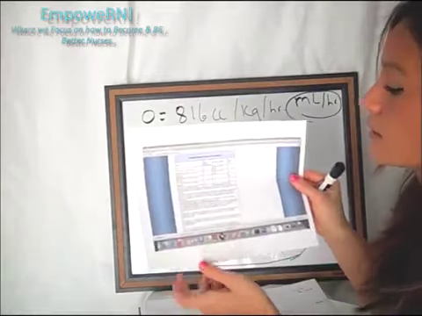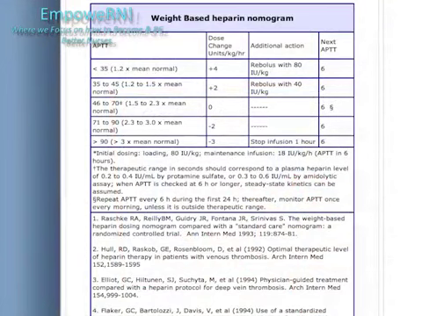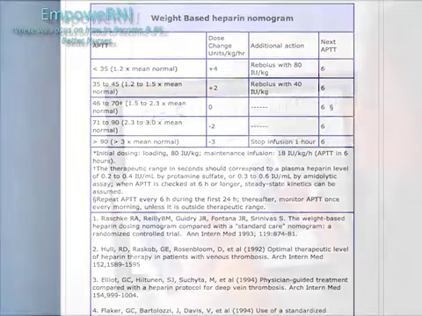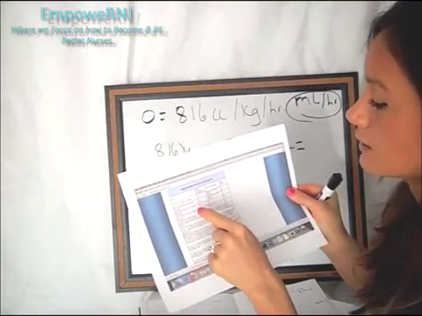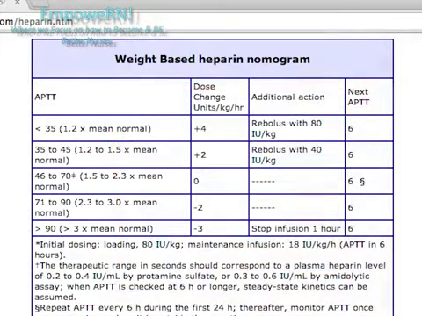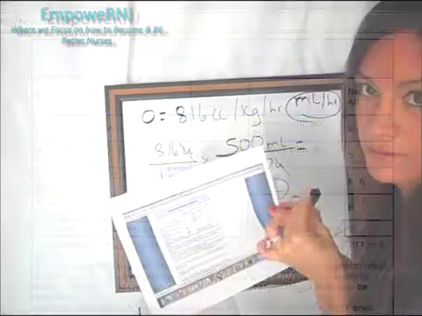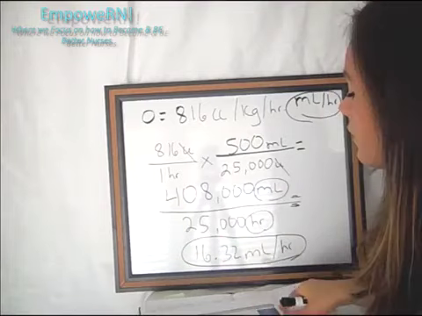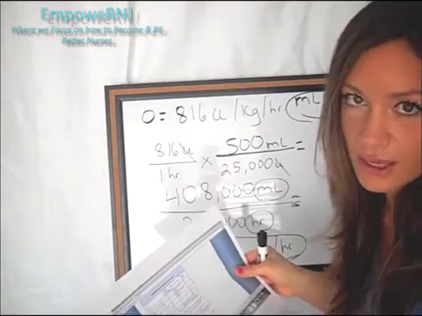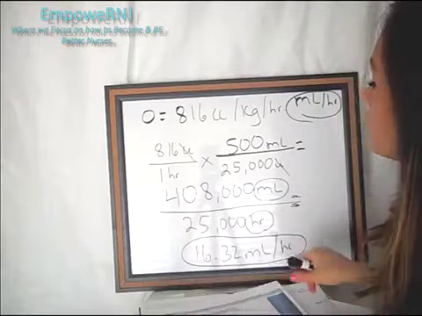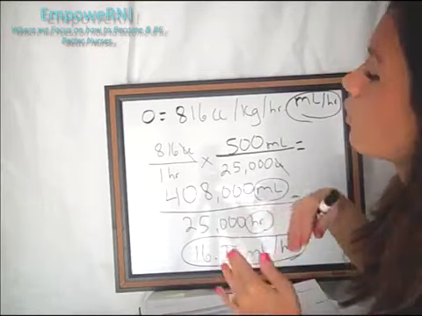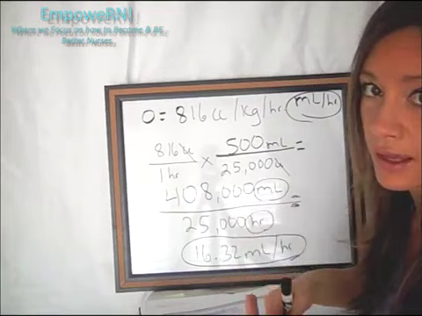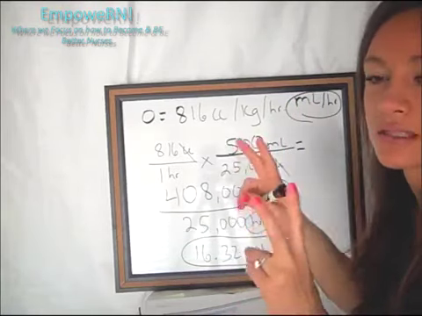So I'm going to post the link to the site below, but let's say 6 hours has passed and our PTT is 48. Now, if you look at this right here, 48 is a therapeutic PTT on heparin therapy. So no changes at all would be needed. And what you do is you also check it in another 6 hours and make sure it's still therapeutic.